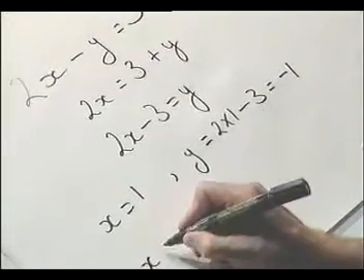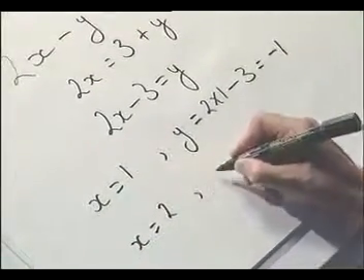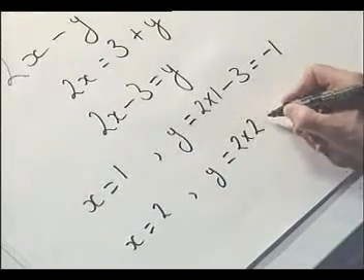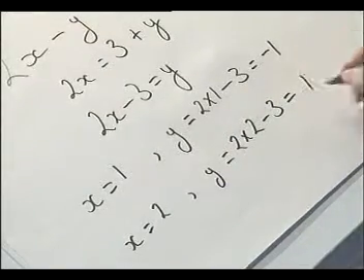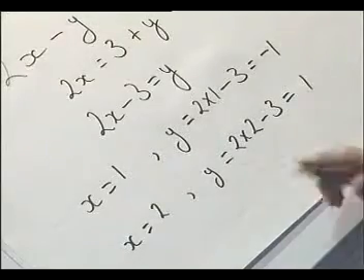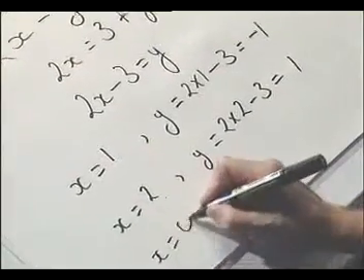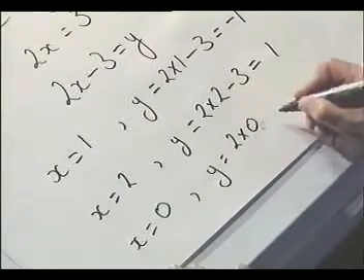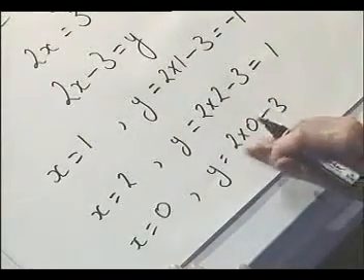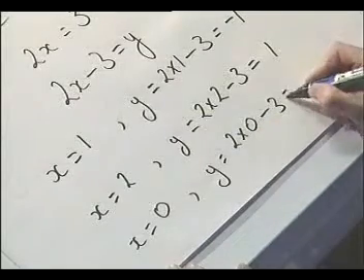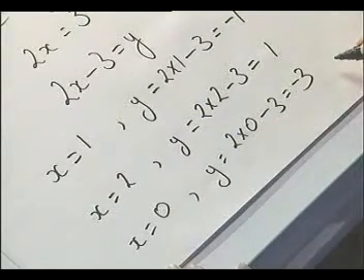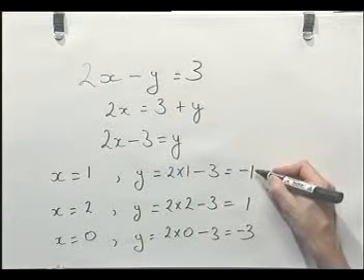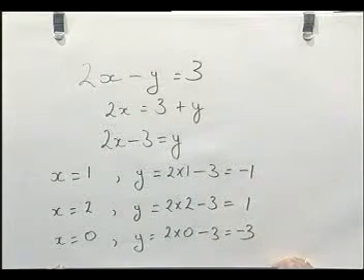I can take another value of x. x equals 2. y will equal 2 times 2 minus 3, which is plus 1. Another value of x. x equals 0. y equals 2 times 0 minus 3. Well, 2 times 0 is 0, and that gives me minus 3. So for every value of x, I can generate a value of y.